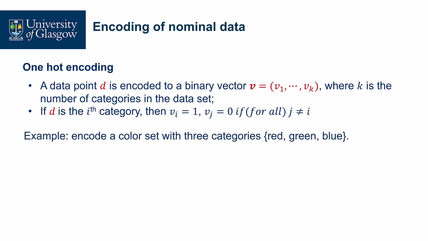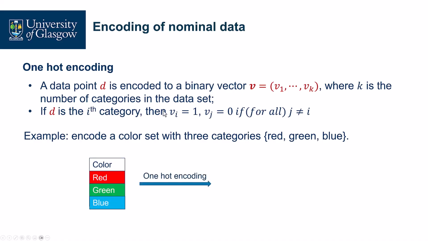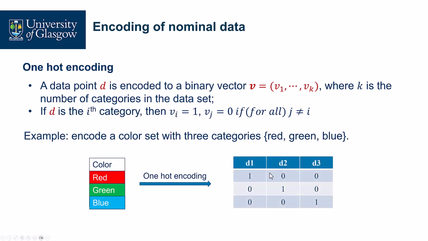If we have the three colors red, green, blue, and we want to do one-hot encoding, according to the definition, only when D is the ith category, Vi equals 1, and all the others are 0. For red, the first one is 1, all the others are 0. For green, only the second one is 1, all the others are 0. For blue, the last one. So this is one-hot encoding.